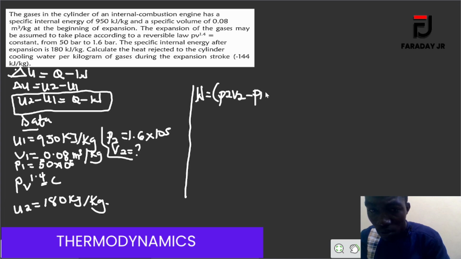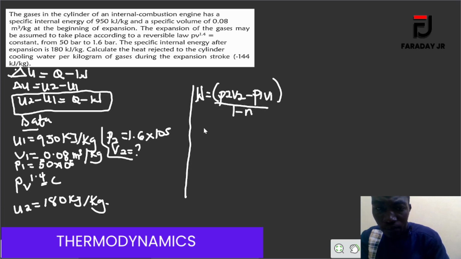From the thermodynamics we watched in the earlier video, we know that W is equal to P2V2 minus P1V1 over 1 minus n.